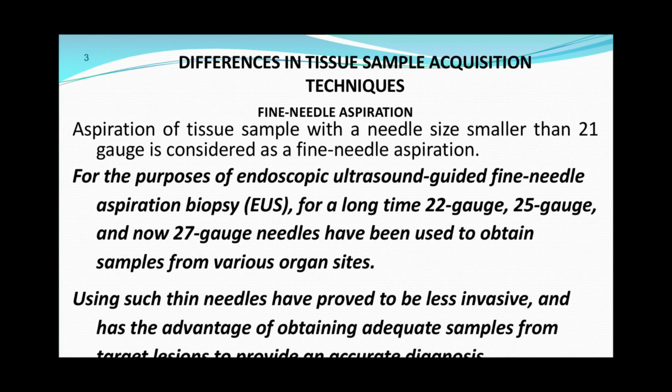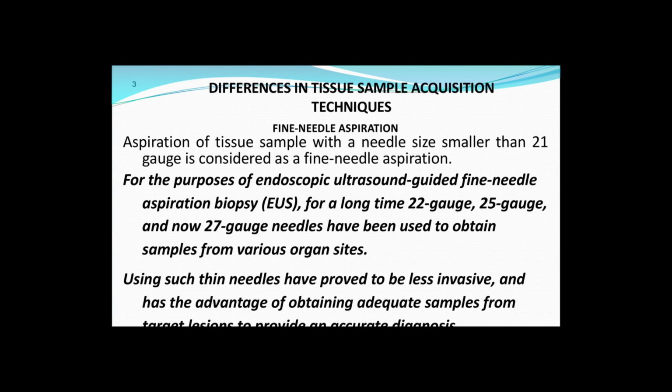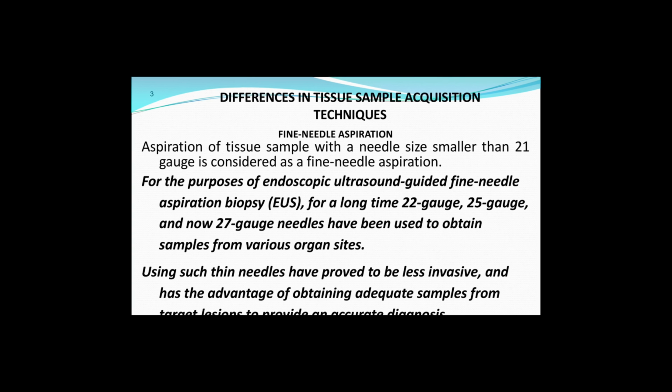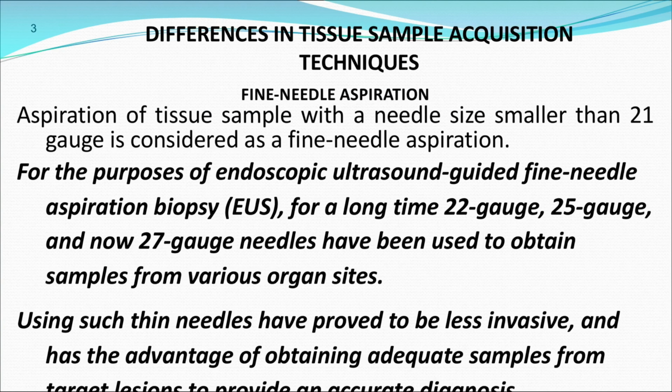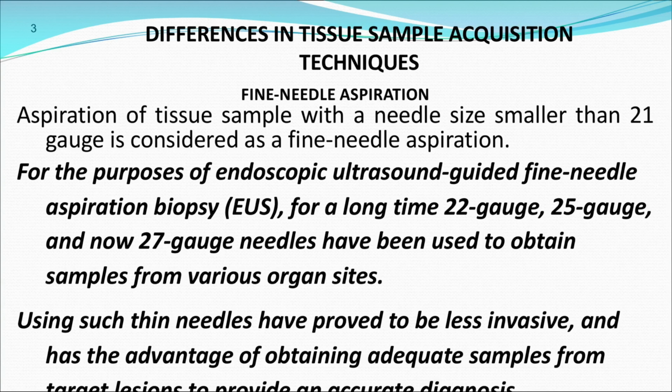What are the differences in tissue sample acquisition techniques? The first one we have here is the fine needle aspiration. The aspiration of a tissue sample with a needle size smaller than 21 gauge is considered a fine needle aspiration.